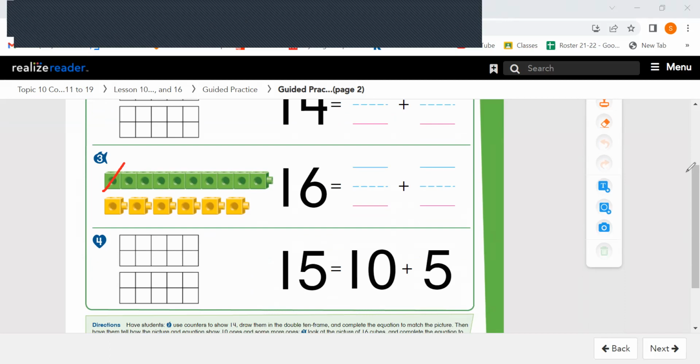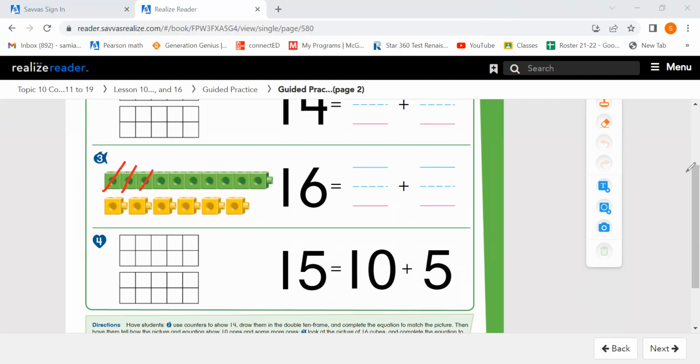Let's count them. 1, 2, 3, 4, 5, 6, 7, 8, 9, 10. We have 10 cubes, 10 ones, or one set of 10. And then we have our yellow cubes. 1, 2, 3, 4, 5, 6. So we have 6 ones. So our equation is 16 equals 10 plus 6.